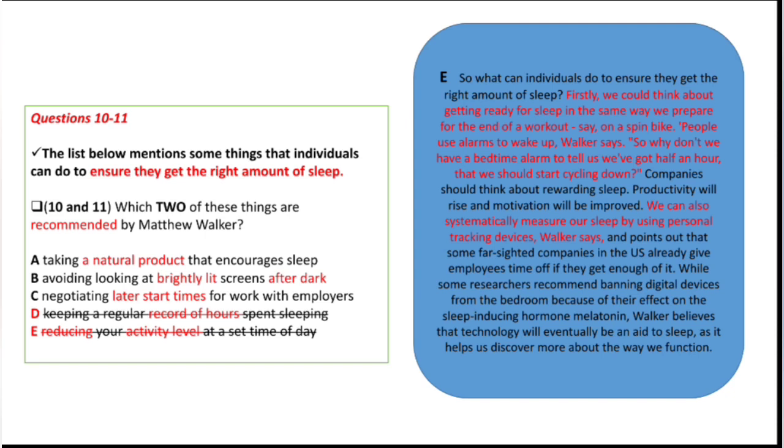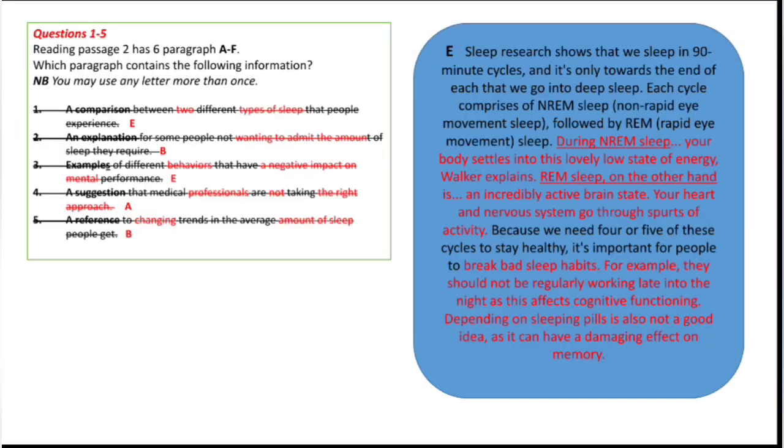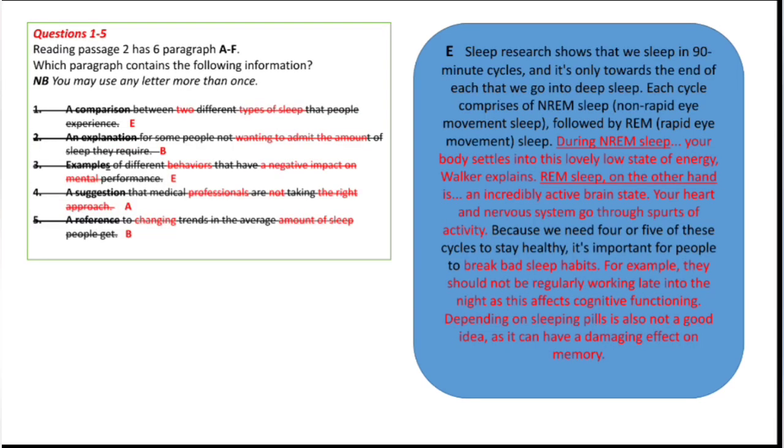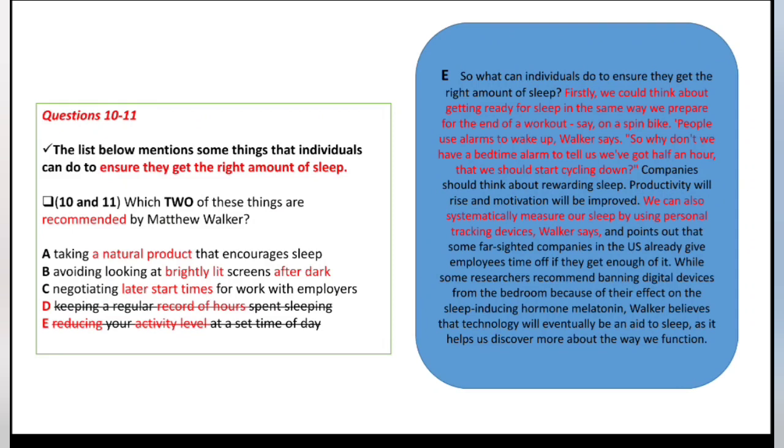Now have a look at this part. You're going to have the answers of questions 10 to 11 from paragraph E, okay? And now we have reached the final stage, and we are so sorry.